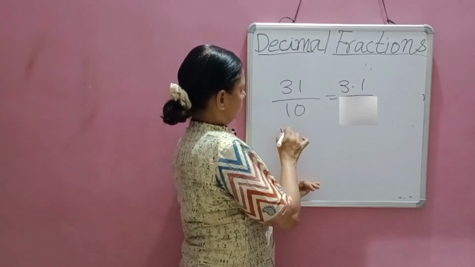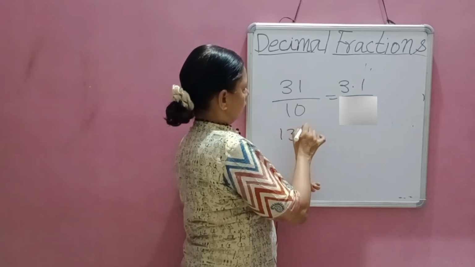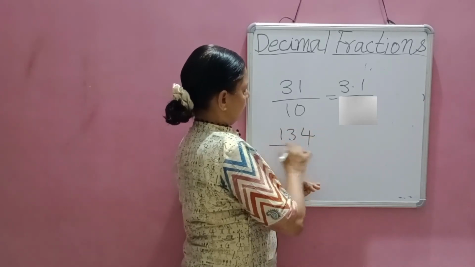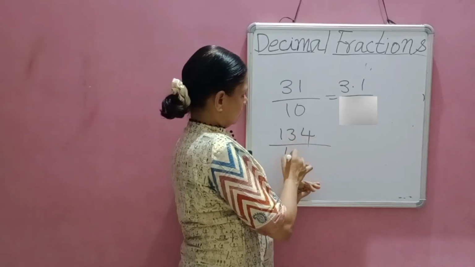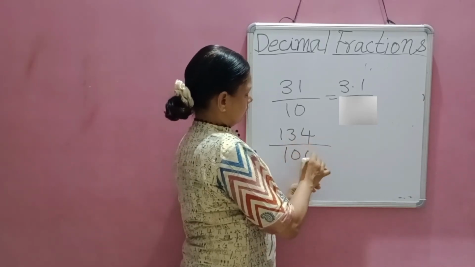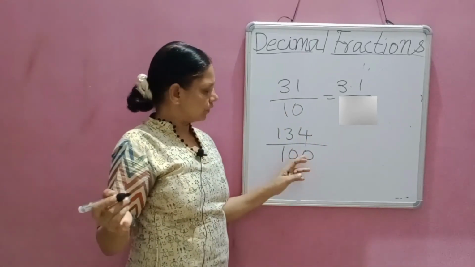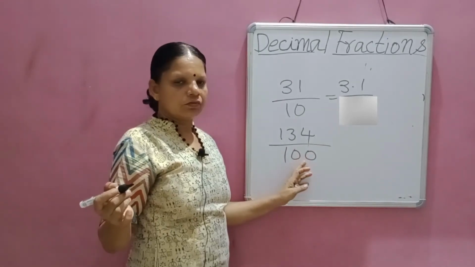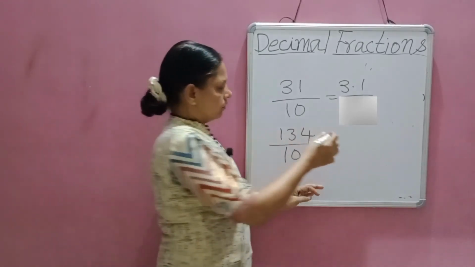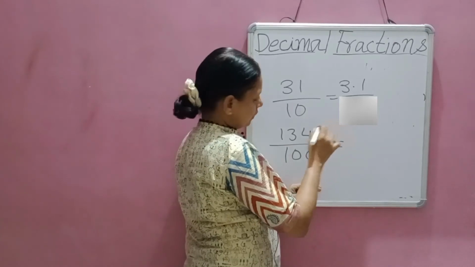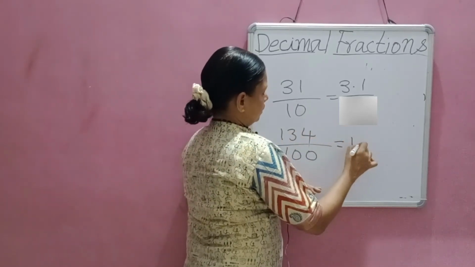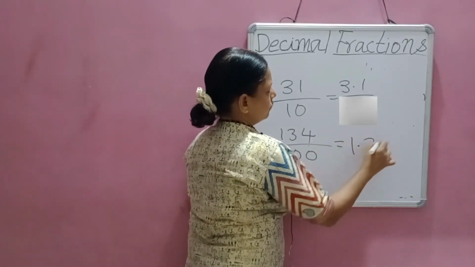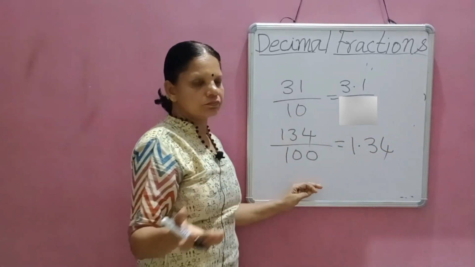Now another example, 1 3 4 upon 100. If the denominator is 100, where to put the decimal? 1.34. Understood how to convert?